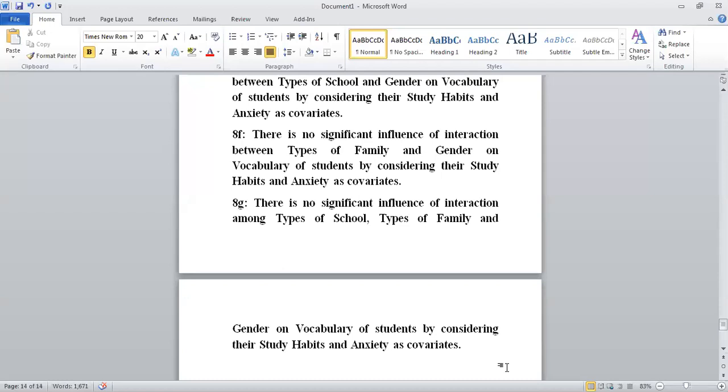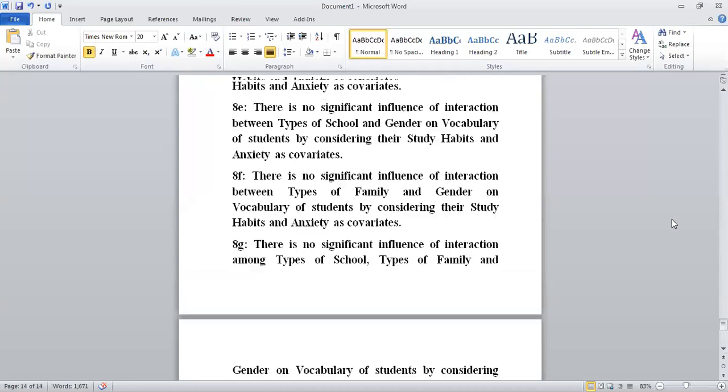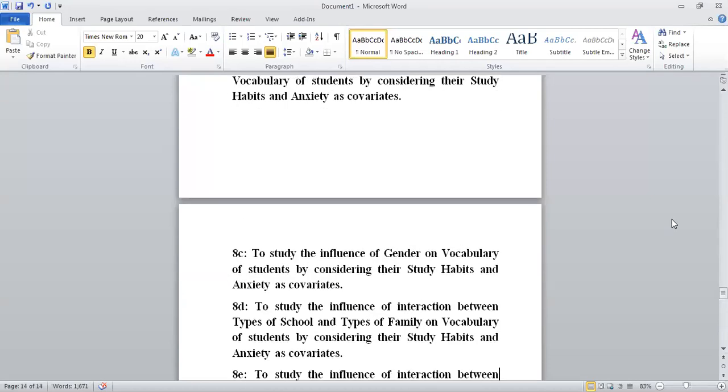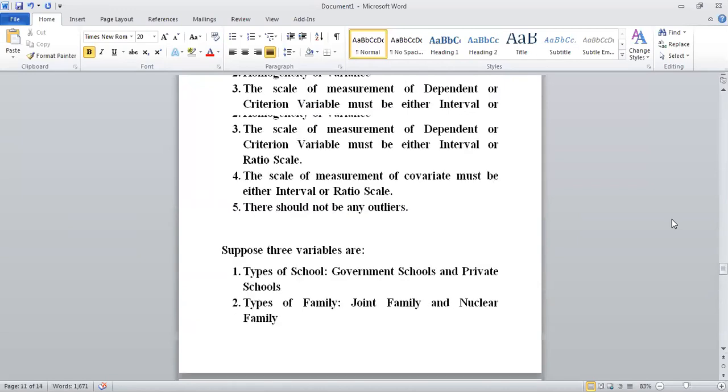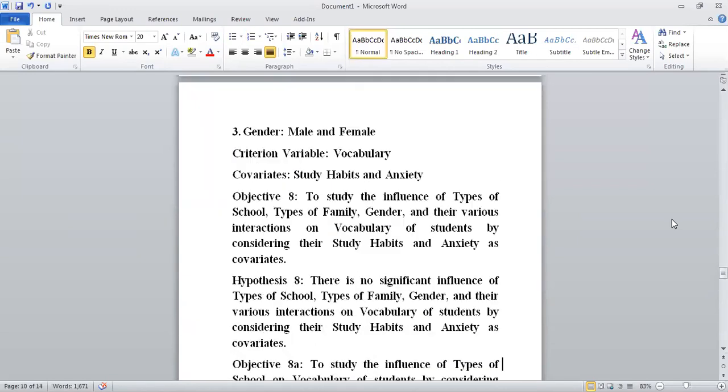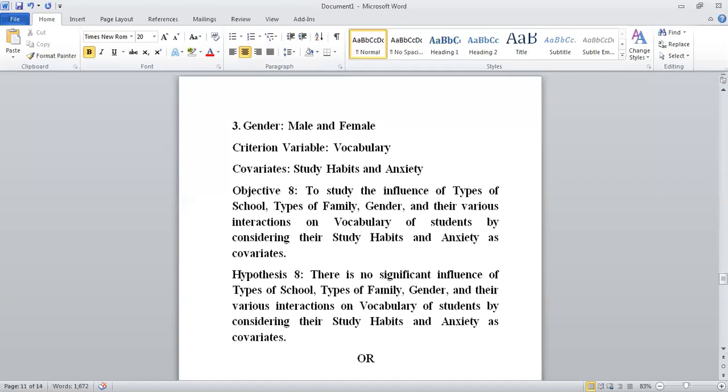I hope you know it. The word which I should write, so let me. That you can write this or you can write this.